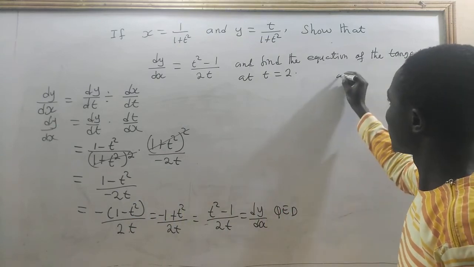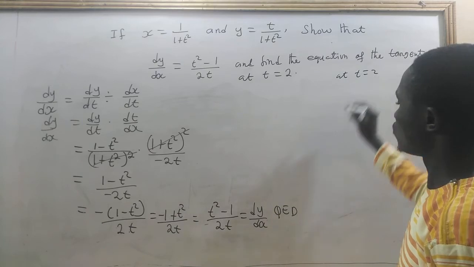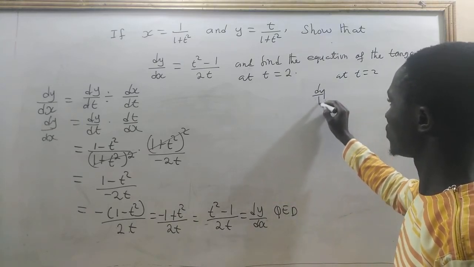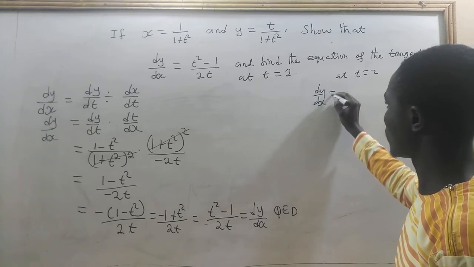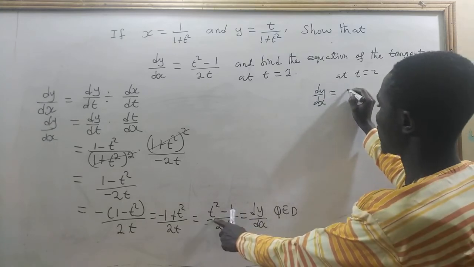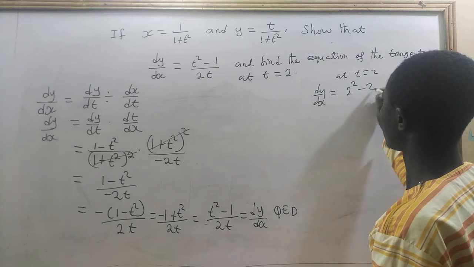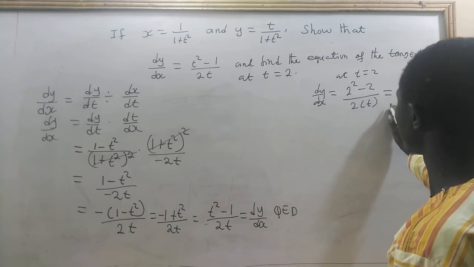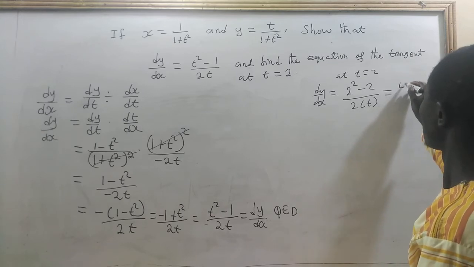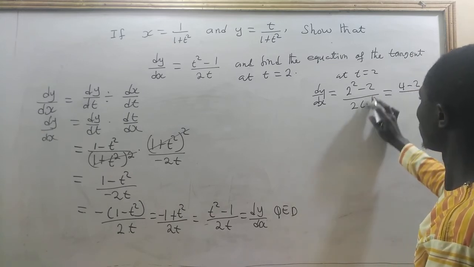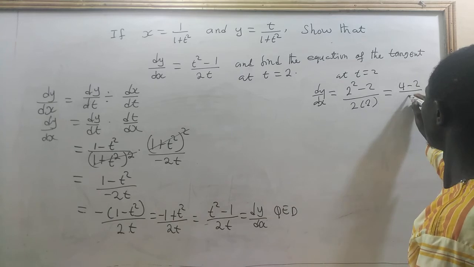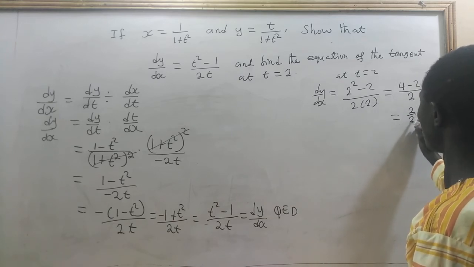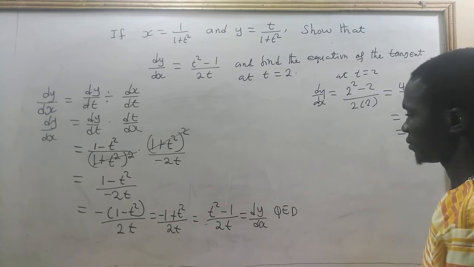At t equal to 2, let's look at the gradient. dy on dx, that's the gradient of the tangent, is equal to, t is 2, so we have 2 squared minus 2 divided by 2 times 2, and that will give us 4 minus 2 divided by 2, and that is 2 divided by 2, which is equal to 1.